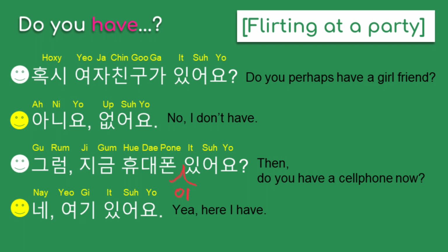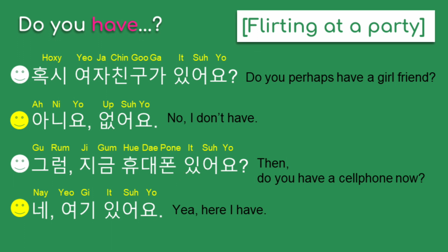Actually, it sounds more natural to skip this. It's grammatically incorrect, but a lot of times Korean people just say 휴대폰 있어요? 여자친구 있어요? So it's okay in conversation. But if you're taking a grammar test, then it might get marked wrong. So 그럼 지금 휴대폰 있어요? Then do you have a cell phone now?